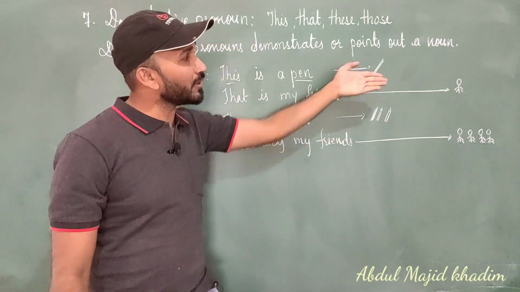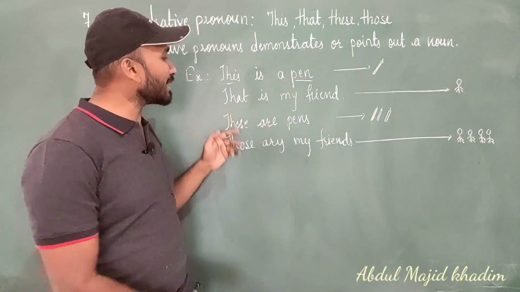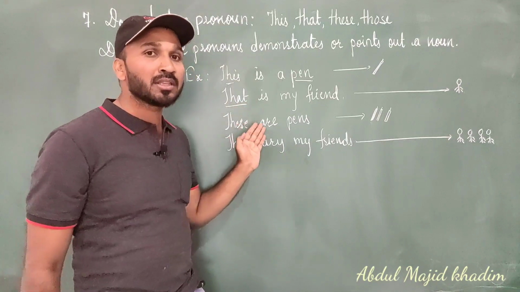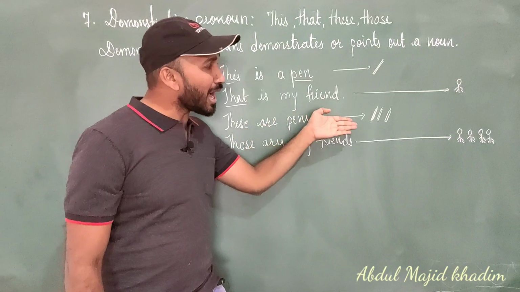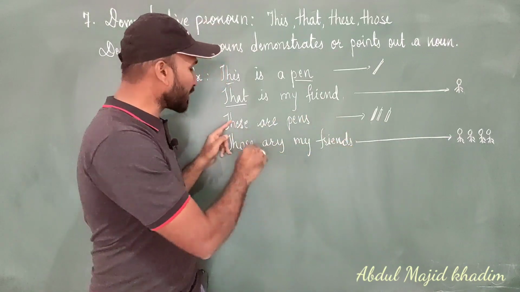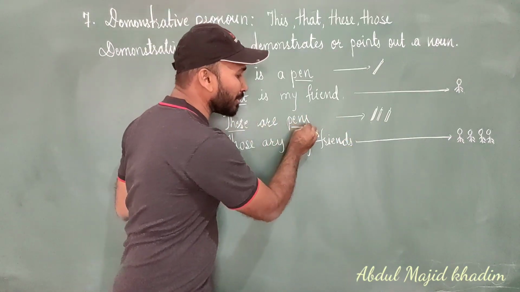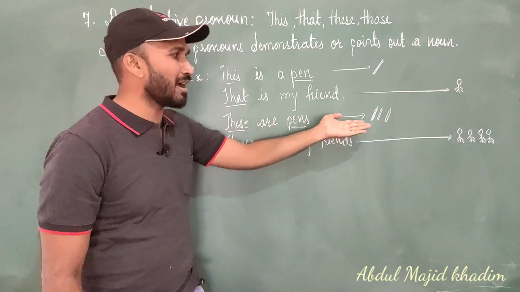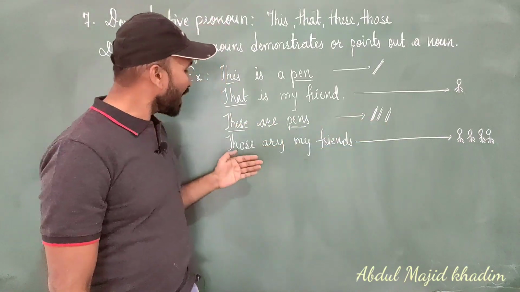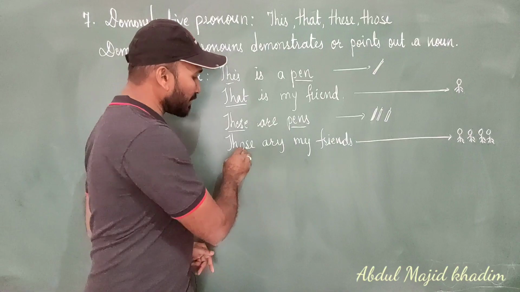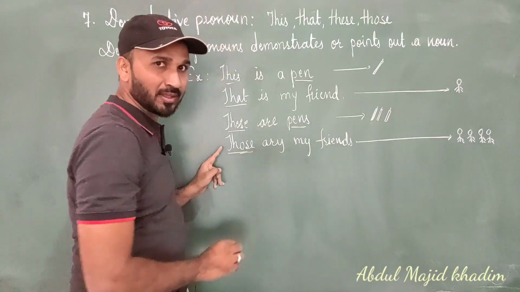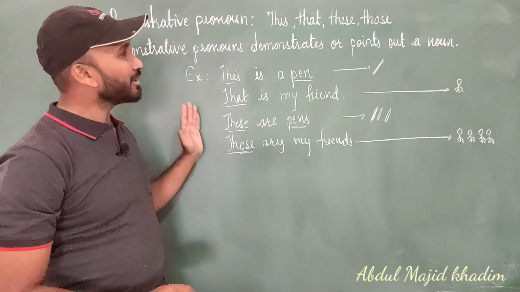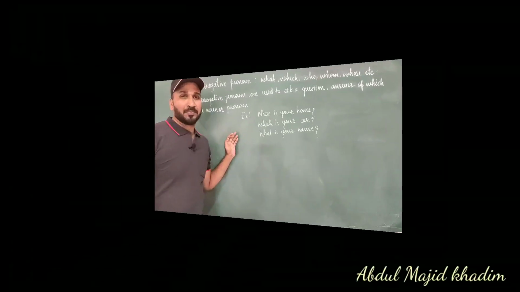But here the friend is far, so that's why we are using that, for a single person. If the pens are near and many, at that time we have to use these: these are my pens. And those are my friends, because the friends are far, so that's why we have to use those. So this is the demonstrative pronoun.